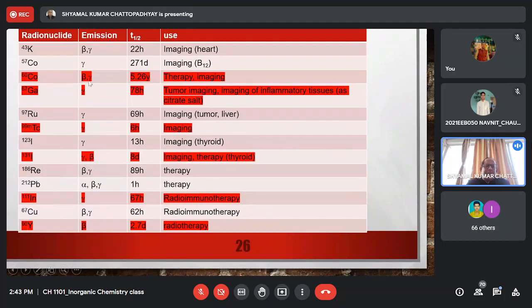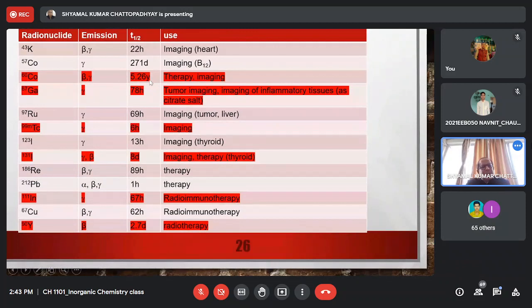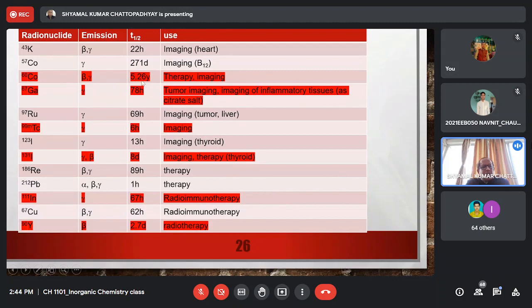That means the emission is not very intense. That's why it is better for imaging purposes, but for therapeutic purposes it is not so good. But still, in many cases, the beta emitting power of cobalt 60 is used for therapeutic purposes. But as I am telling you, since the half-life is relatively long, it has its disadvantage also. Particularly, the intensity of the radiation may not be very large.